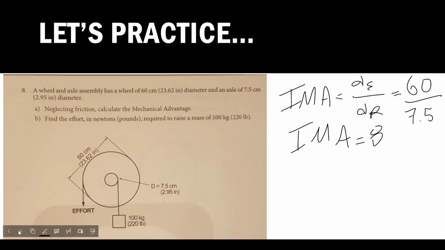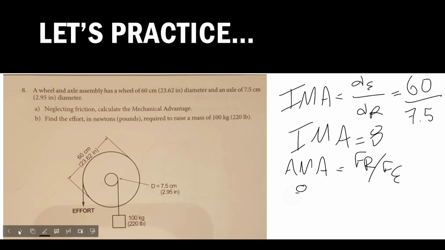So now I'm going to use my AMA equals FR over FE. But because we're neglecting friction and we're assuming 100% efficiency, our AMA actually equals our IMA.